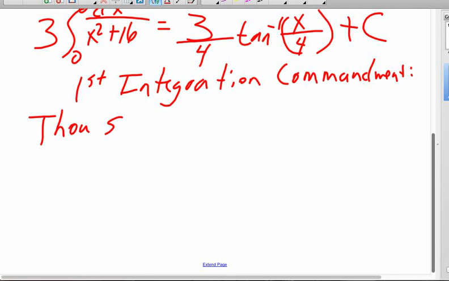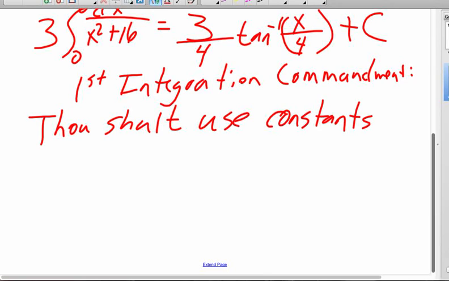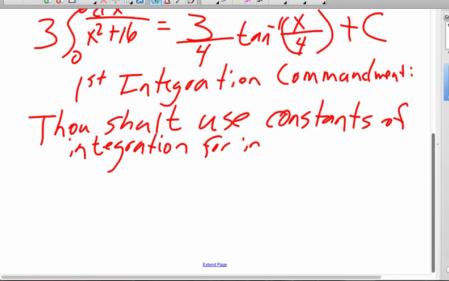Thou shalt use constants of integration for indefinite integrals. If you don't, you end up going to math hell.